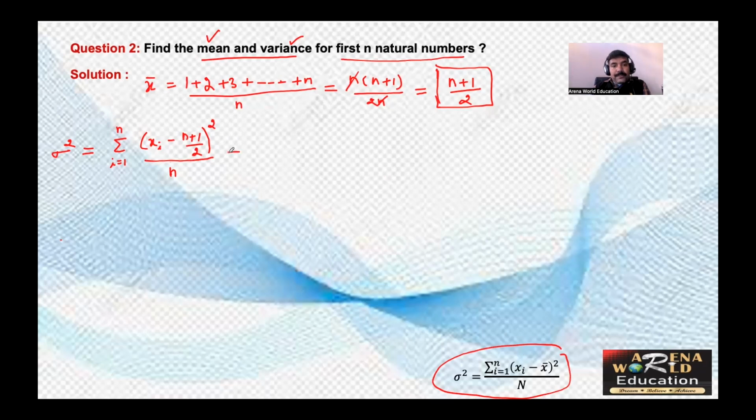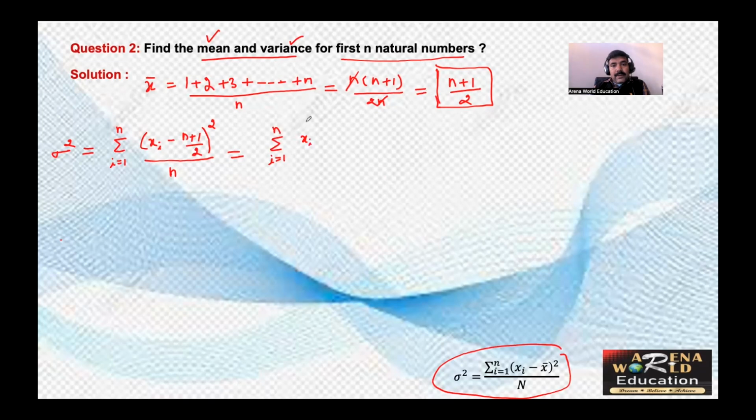So now look at numerator. It is a minus b whole square. So what we can do, we can write this as sigma i is equal to 1 to n. And first term will be what?